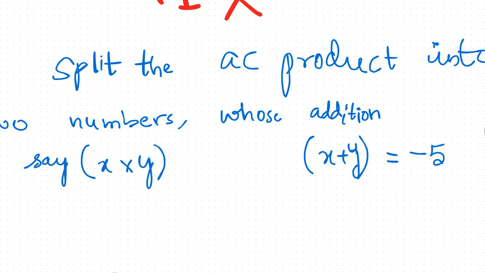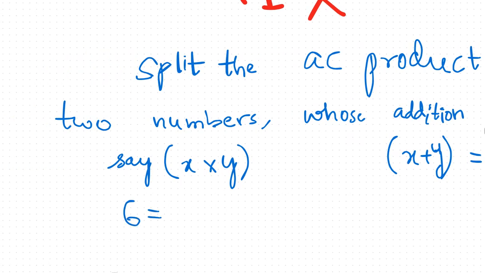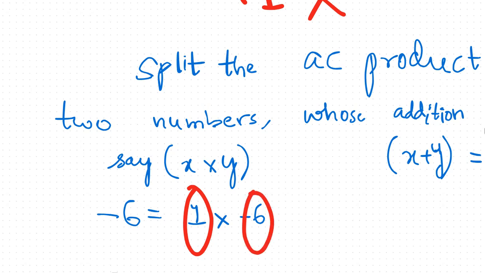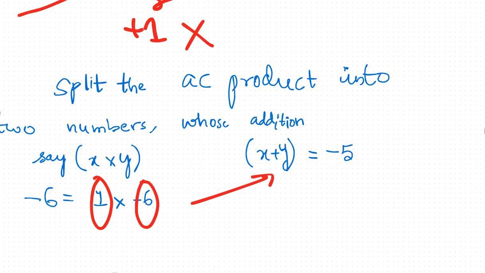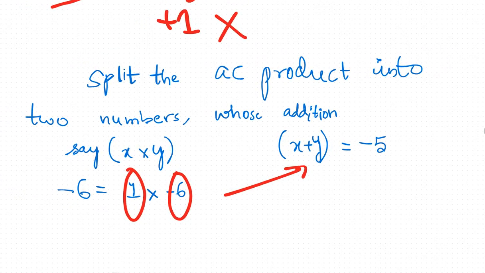Let's say x into y. Negative 6 is equal to 1 times -6, correct? So x and y in this case are 1 and -6. When you add them, you get -5. So the numbers you are looking for are 1 and -6.